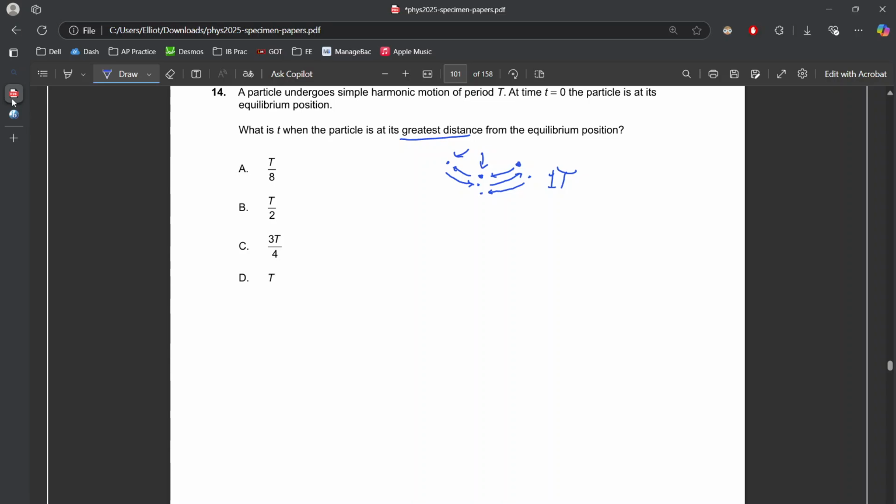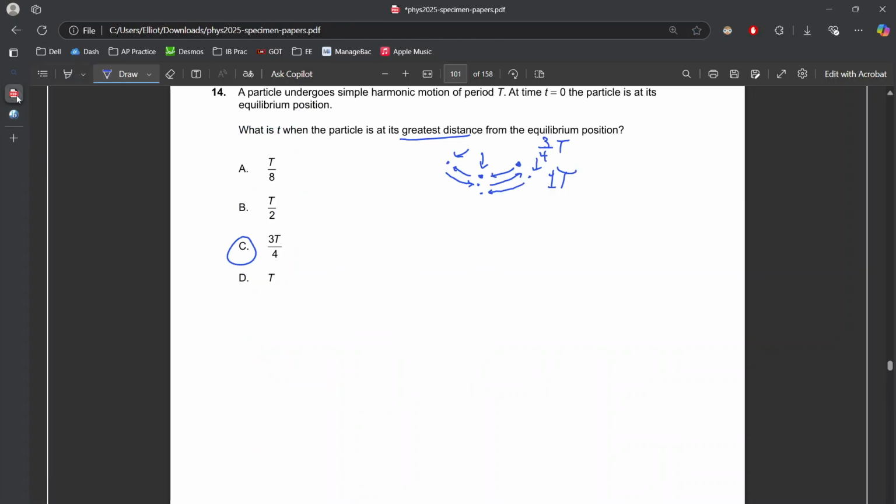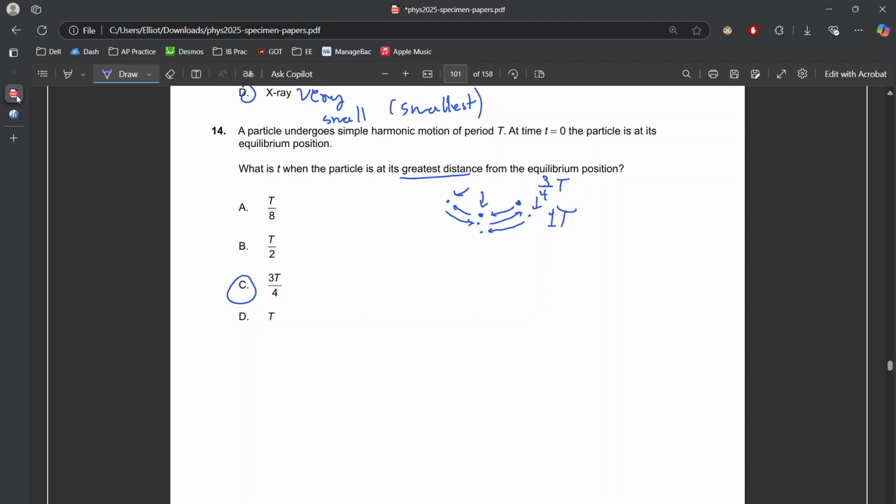You can also say that it's at 3 over 4 T, I believe, because it'll be over here, 1, 2, and then 3, it'll be over here. So at 3 over 4 T, it'll be at another extremum, which is at C, which is correct. I honestly don't know why T over 4 is not an answer. It should be an answer as far as I'm aware, but it may just be that they want it to be a little more complicated.